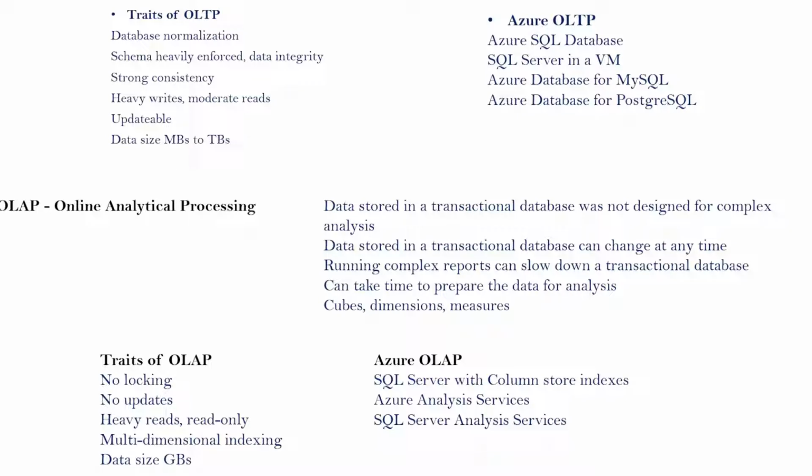Multi-dimensional indexing: we have seen indexing, where we create an index for a particular column, and if we refer to that column to retrieve the data, the performance increases. Usually we do this on the primary key, but that is not a correct definition.